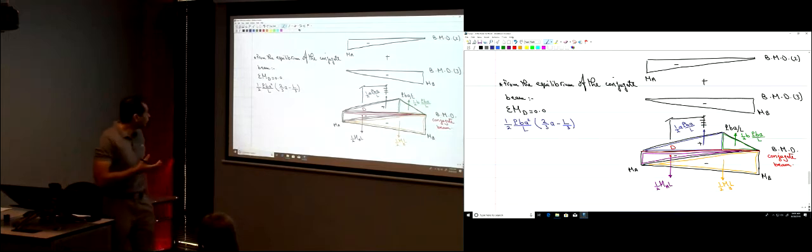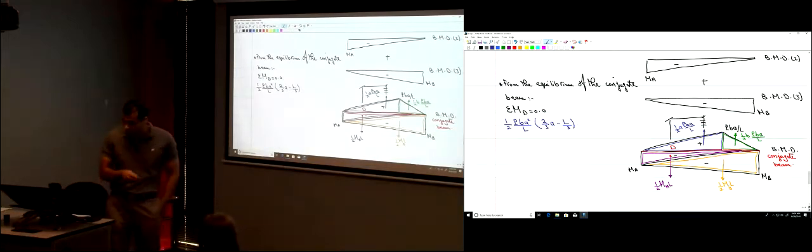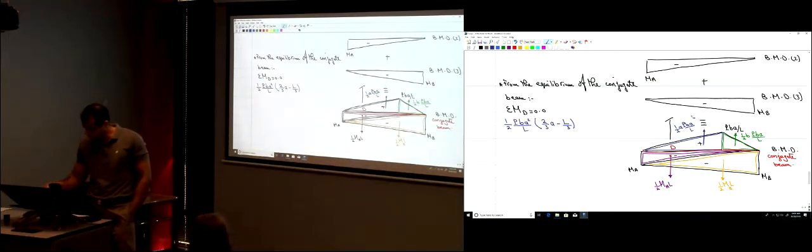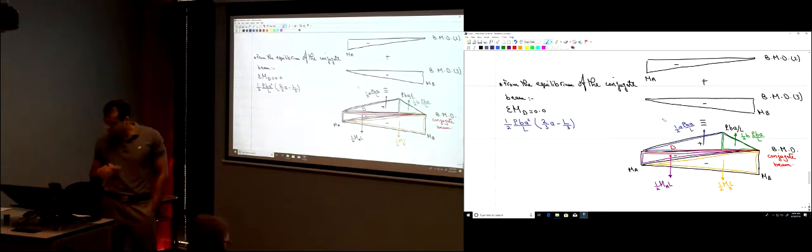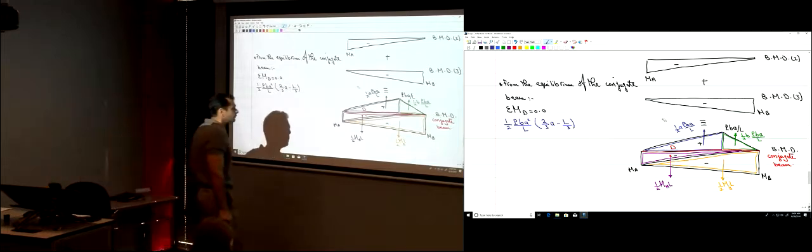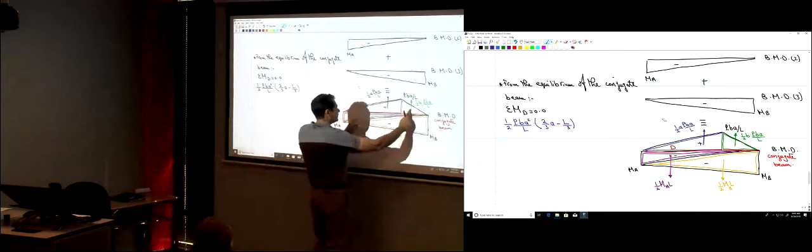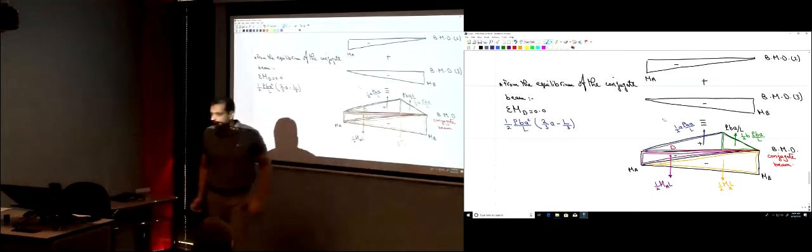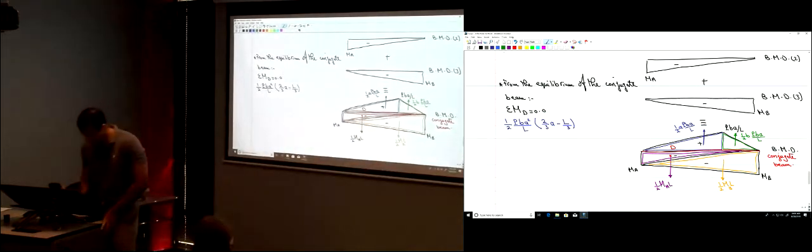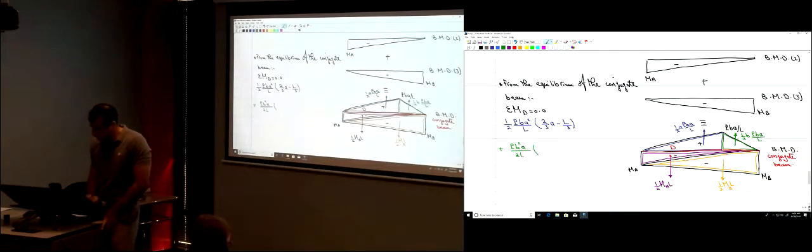That's the moment of the first force, okay? So let me erase this. And then the second force, the moment of this force. So we have plus this force, P B squared A divided by 2L, multiplied by its distance.